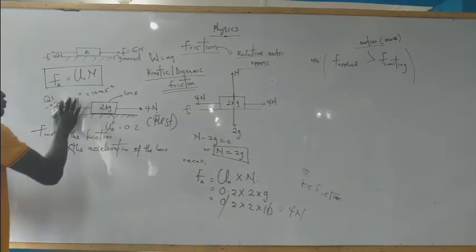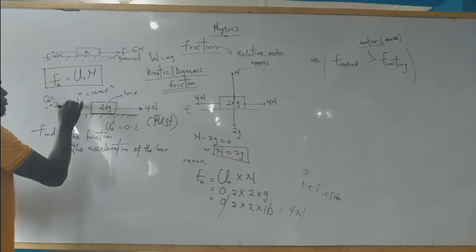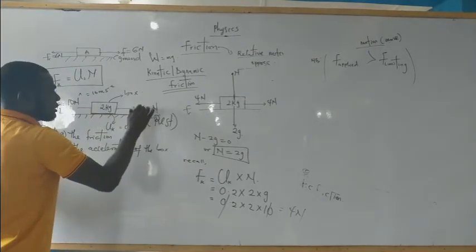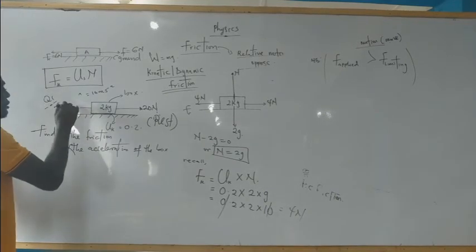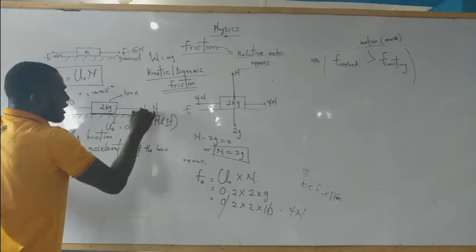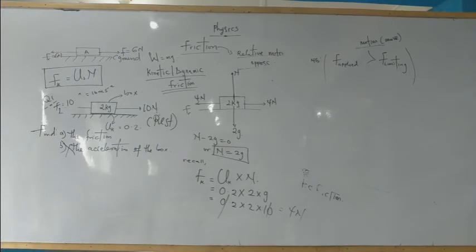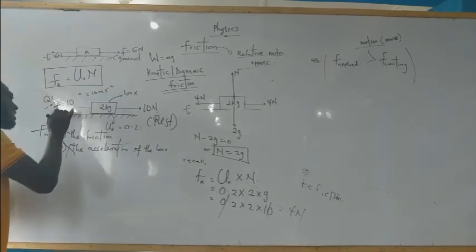But since this is, say, 10 and this is 20, it will move. That's the limiting force. But if you have this to be 10 and this is 10, it will not, because the force applied was static force.